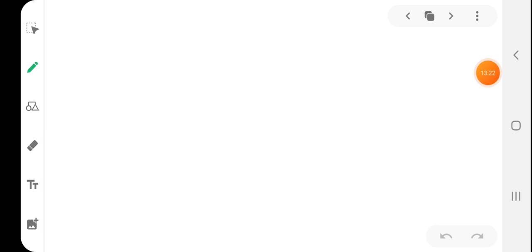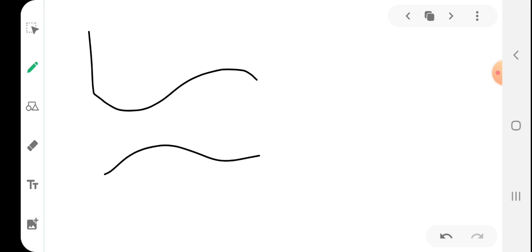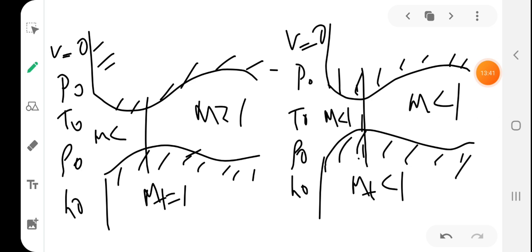I will show you a figure. So this is the first figure. Students, I'm showing you two types of nozzle. What's the difference here?